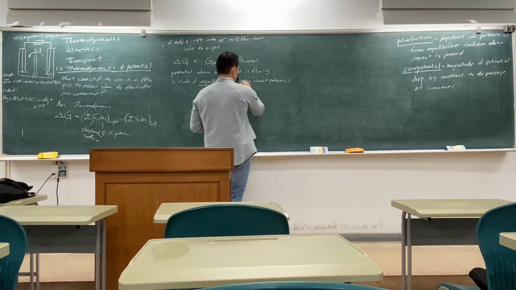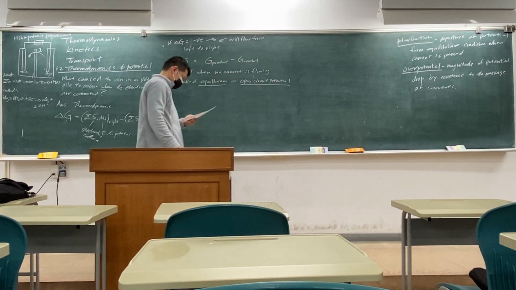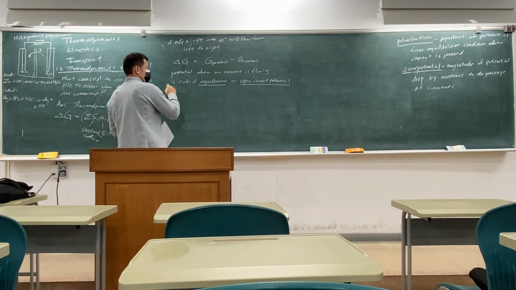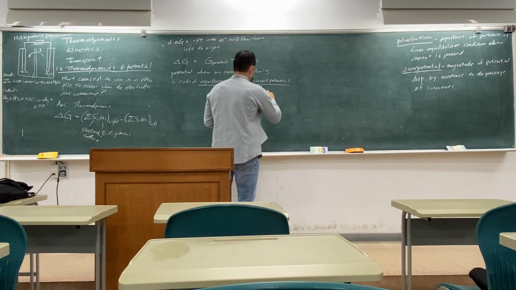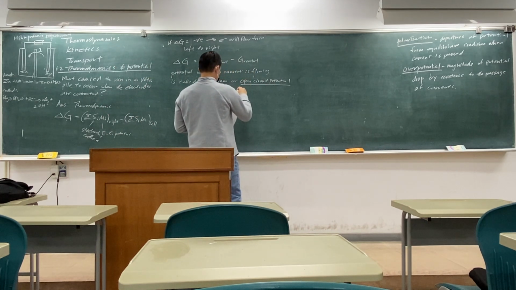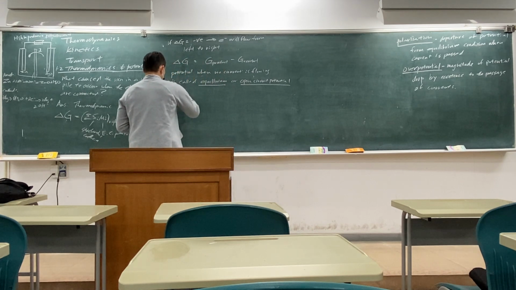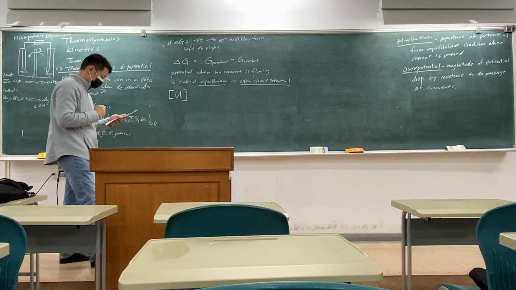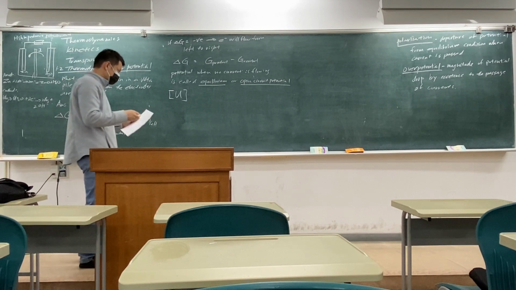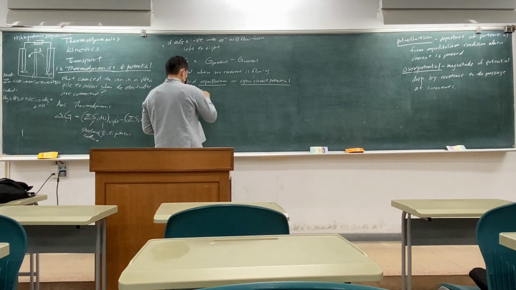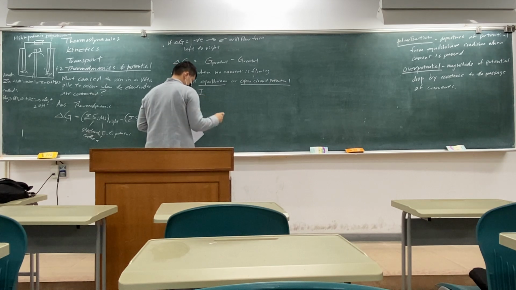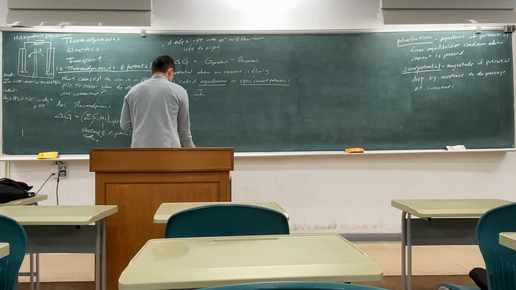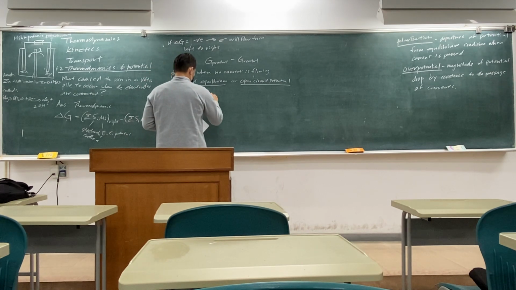It's either the equilibrium or open circuit potential. Okay? And this open circuit potential or equilibrium potential is simply big U, okay? And this is in joule per coulomb, or volts.